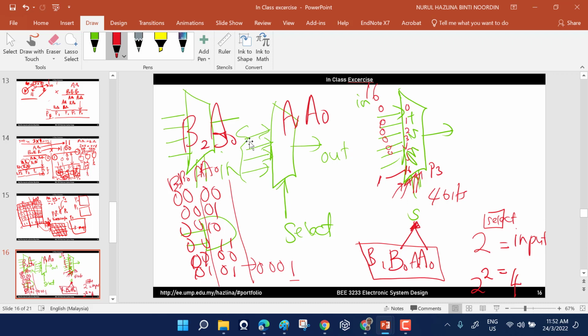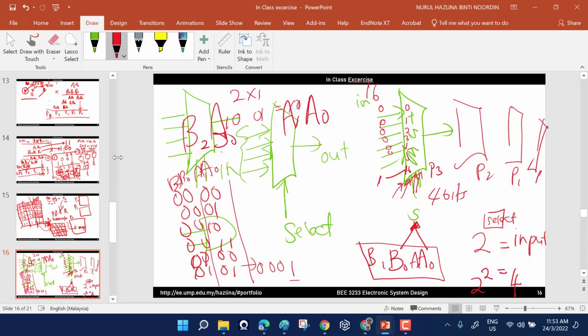So for B, 2 multiply with 1, B is 0, 1, 0, A is 0, 1. 2 multiplied by 1 should result as 2, sorry, 1, 0. So your P3, P2, P1 and P0 later will have this combination. Will have these results. This is another way of implementing this circuit by using multiplexer.